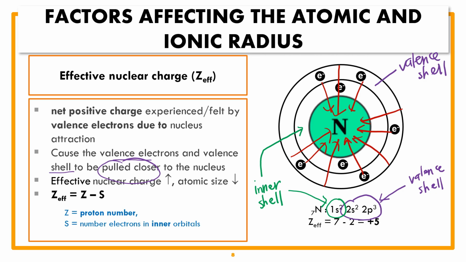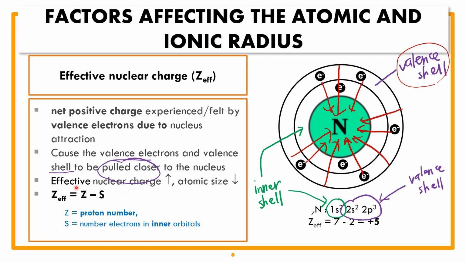Efek ini hanya berlaku kepada valence electron yang berada pada valence shell sahaja. As the effective nuclear charge increases, atomic size will decrease. Effective nuclear charge is the net positive charge. So apabila effective nuclear charge bertambah, bermaksud apabila nilainya menjadi semakin positif, atomic size will decrease.